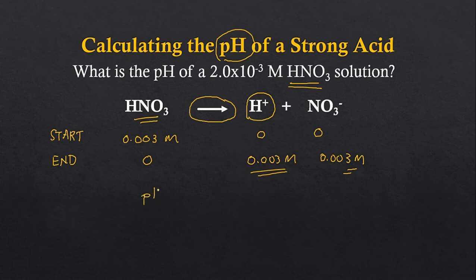So, pH now is the negative logarithm of the concentration of hydrogen ion, which is 0.003.